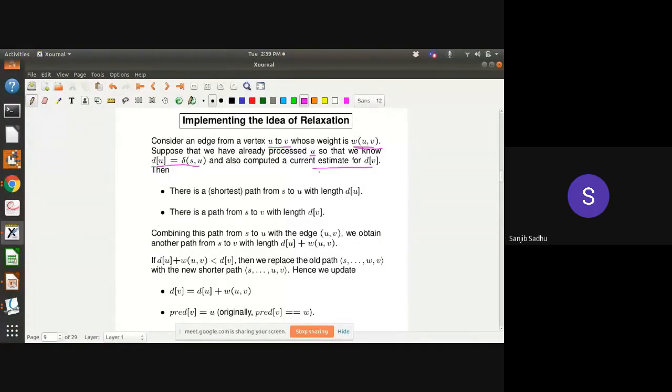Please remember, dv means the distance from S to V. It is not the exact minimum path length. The exact minimum path length is delta(S,V), which we have not computed. Whenever these two values become equal, we will not update dv. That I said in the previous slide. Whenever you see the example, it will be more clear.